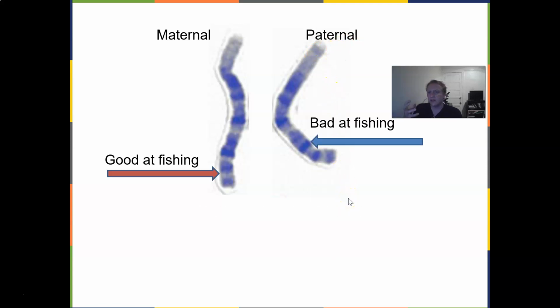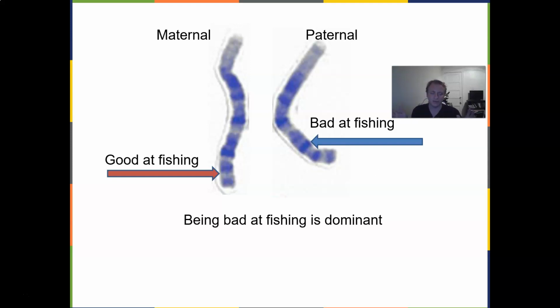And if we look at a particular gene, we'll see I have two versions of a particular allele. I have a gene from my mom that says I'm good at fishing, and I have a gene from my dad that says I'm bad at fishing. In this case, being bad at fishing is the dominant allele. By the way, this is just an example.